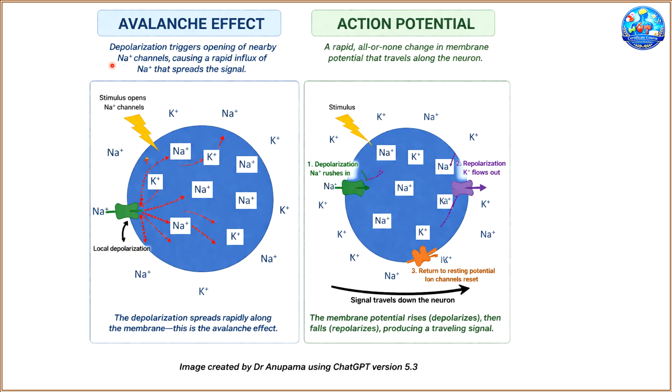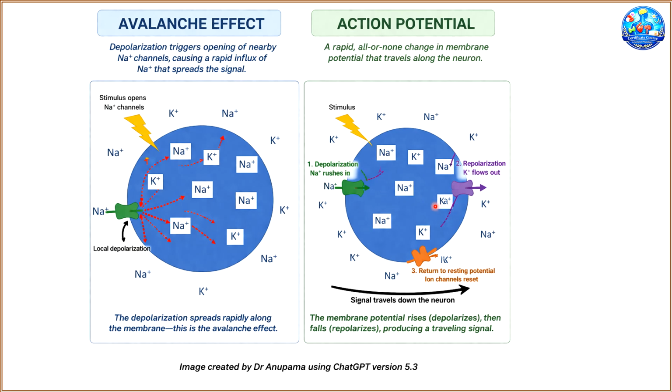So here, when a stimulus is given to a neuron, the sodium channels open up, causing a rapid influx of sodium ions. As the sodium channels open, the depolarization initiates and spreads across the membrane. This we call the avalanche effect. This happens to some extent only.